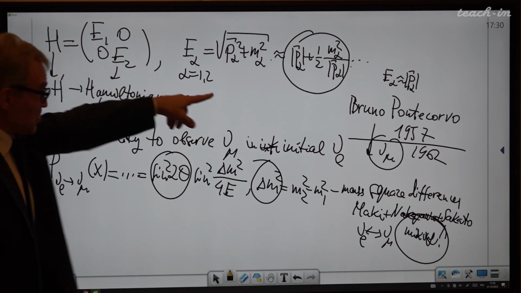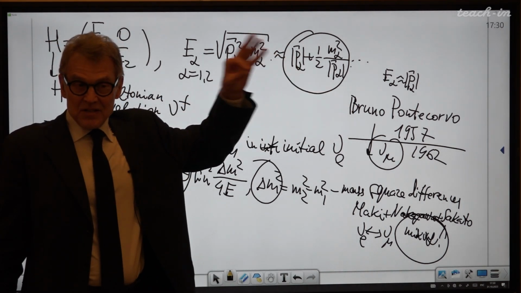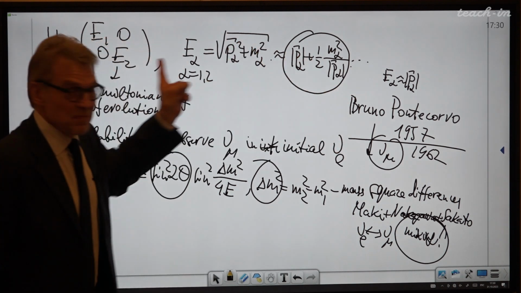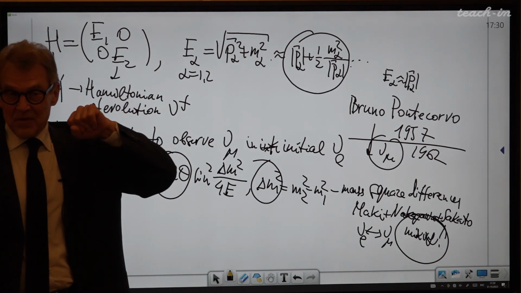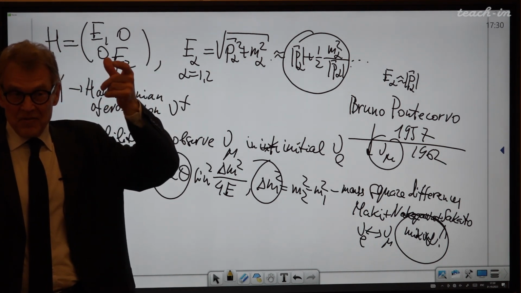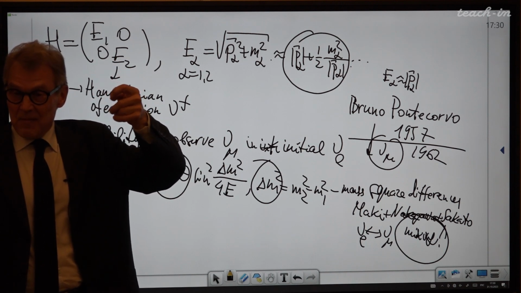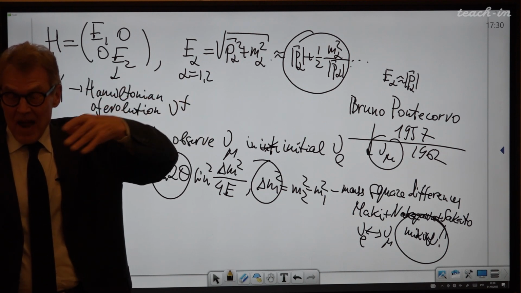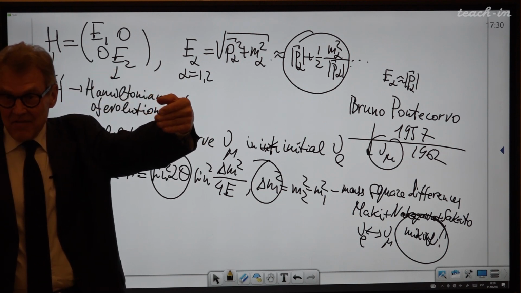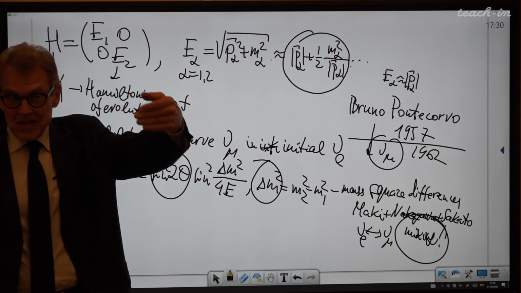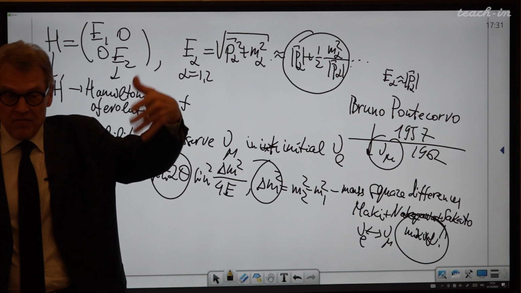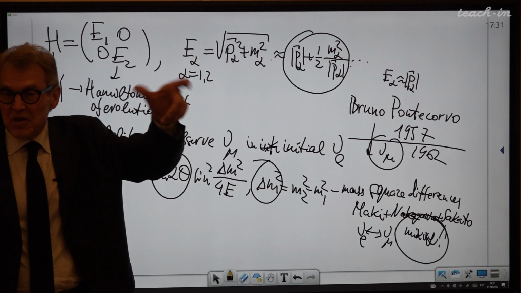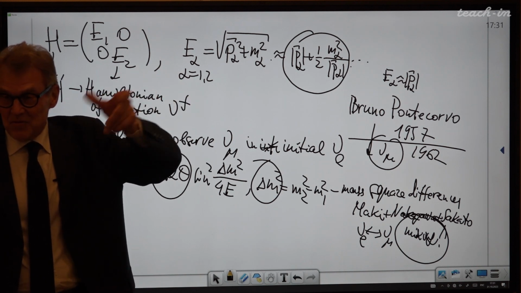There were only words by Pontecorvo, who just explained in words what will happen if there is mixing. If you recall, he proposed that if a neutrino is a mixed object composed of neutrinos and antineutrinos, then after a certain distance from the source an experimentalist will see equal mixtures of different types of neutrinos.